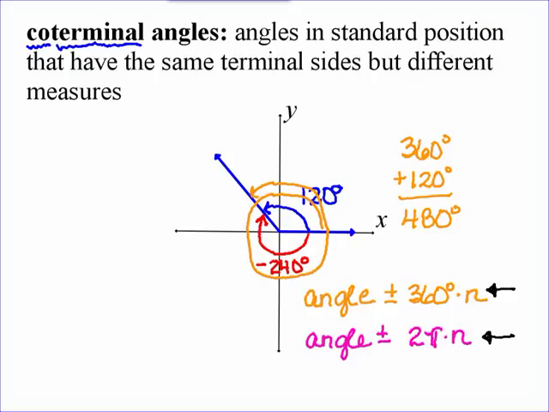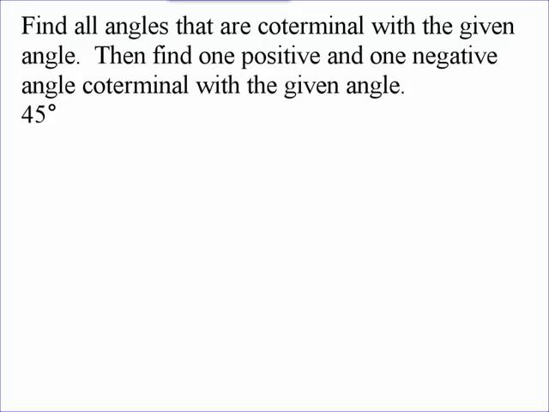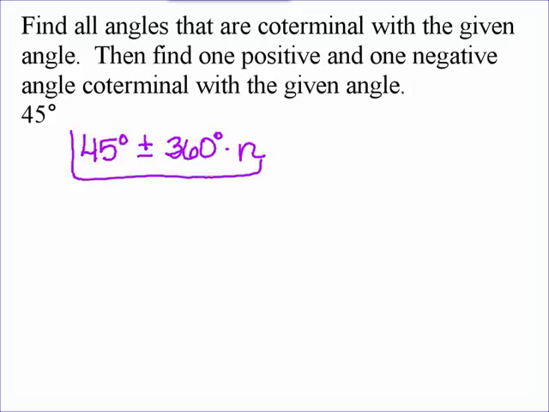And so first of all, if you look at the following, it says find all angles that are coterminal with the given angle. Then find one positive and one negative angle coterminal with the given angle. So 45 degrees, what I'm going to do then is I'm going to add or subtract from the previous slide 360 degrees times n. So that means all angles. So that is your answer when it says all angles. Now what we need to do is find one positive and one negative angle.